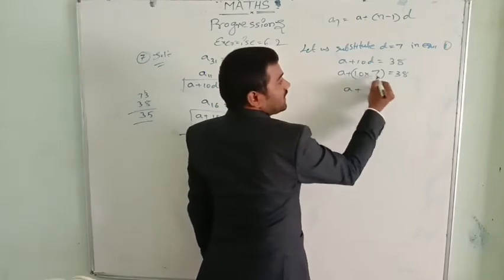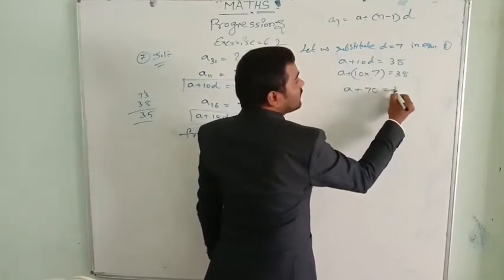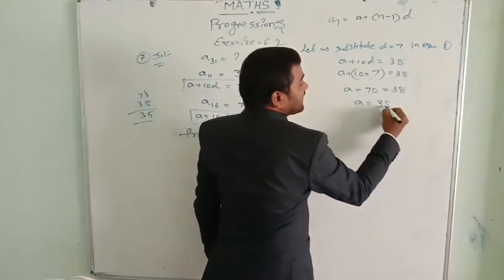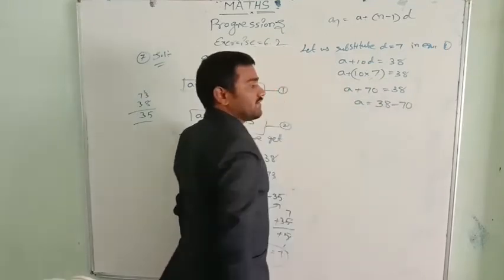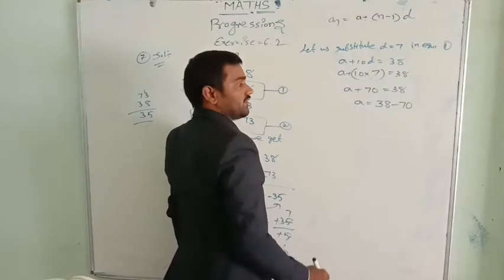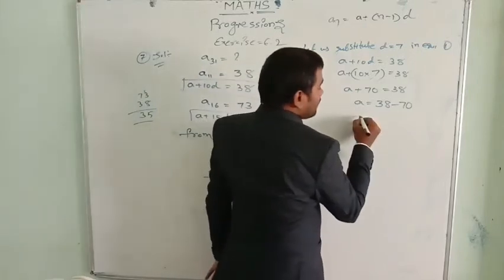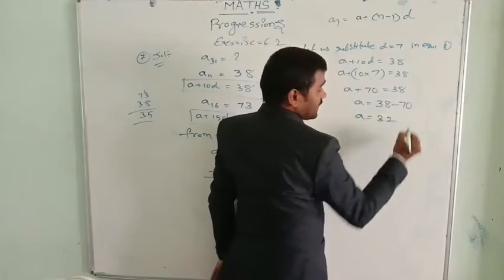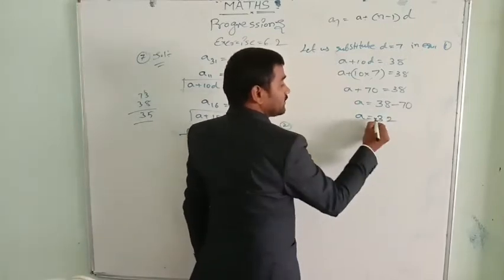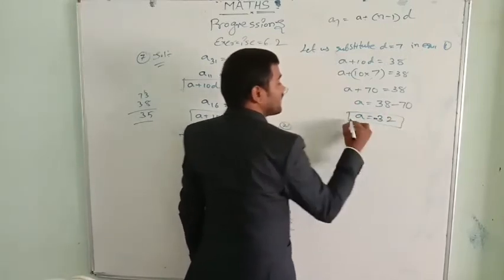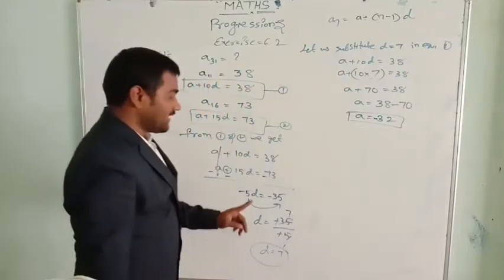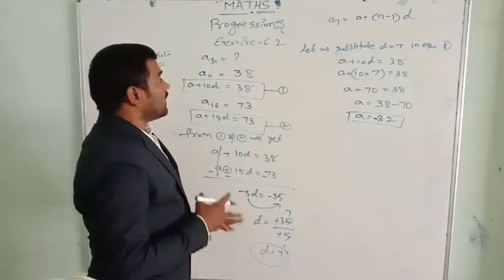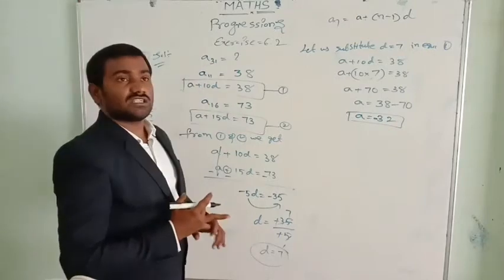A plus 10 sevens are 70 equal to 38. A equal to 38 minus 70. What do you get here, children? Can you tell me now? Minus 32. So the A value we have is minus 32 and the D value is 7. Now we need to find out the 31st term.